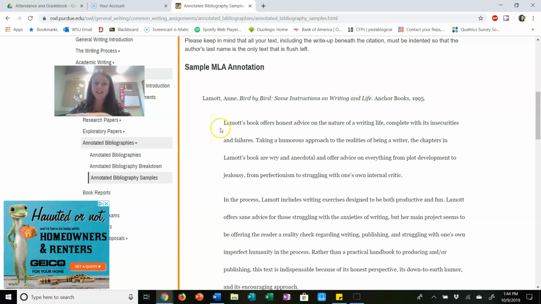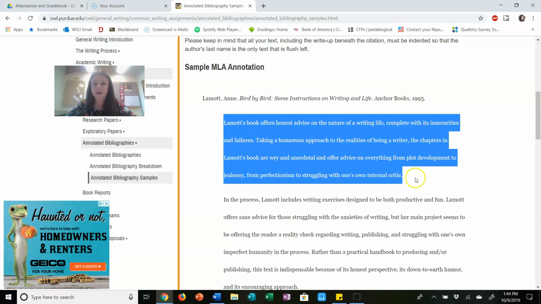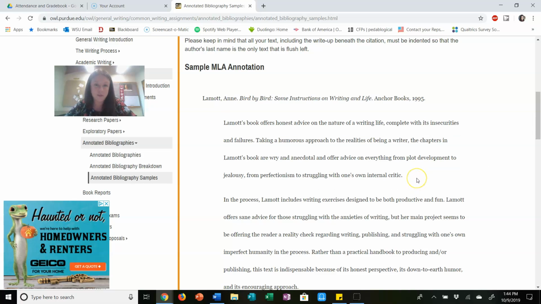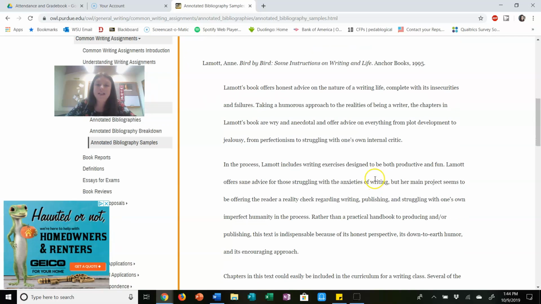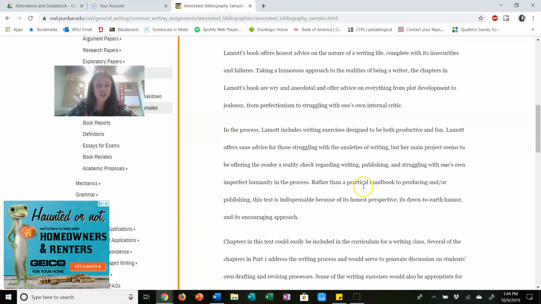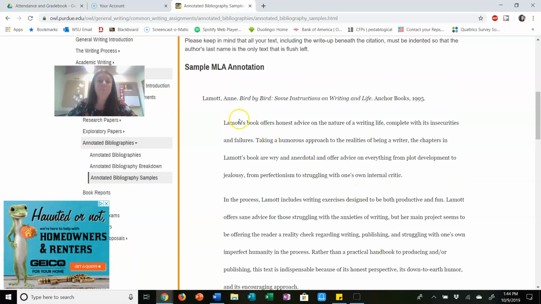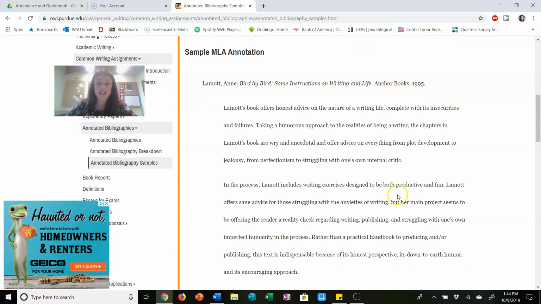Do not indent with your annotation. And you can break these up into 2 separate paragraphs of the summary and your CRAP principle assessment. But yeah, you'd single space it, no indents, and that's what the annotation will look like. And it will immediately follow the citation itself.